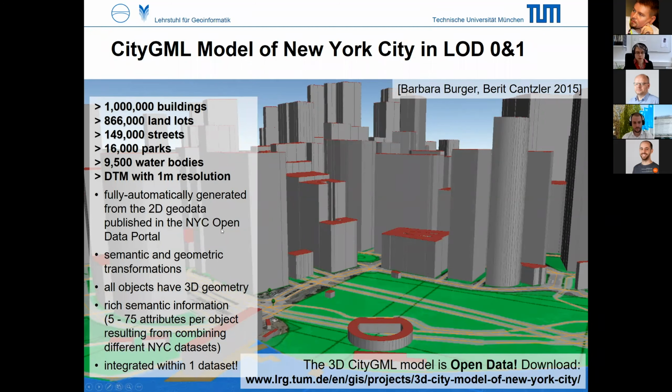And the Open Data Portal provides a rich set of semantic information, which we can then attach to all the objects. So we have represented more than 1 million buildings. We have many land lots. We also have represented streets, parks, and water bodies. So it's a quite comprehensive city model. And this is also available for download.